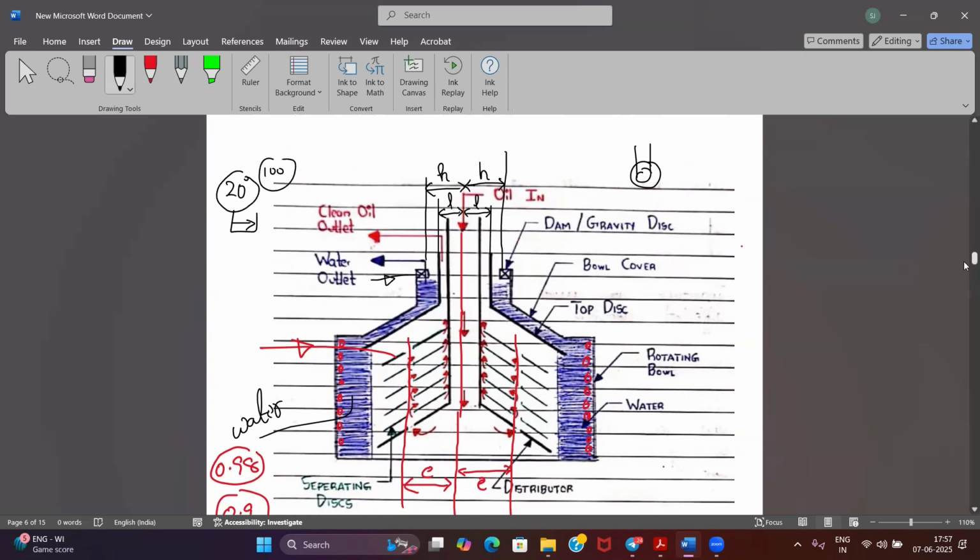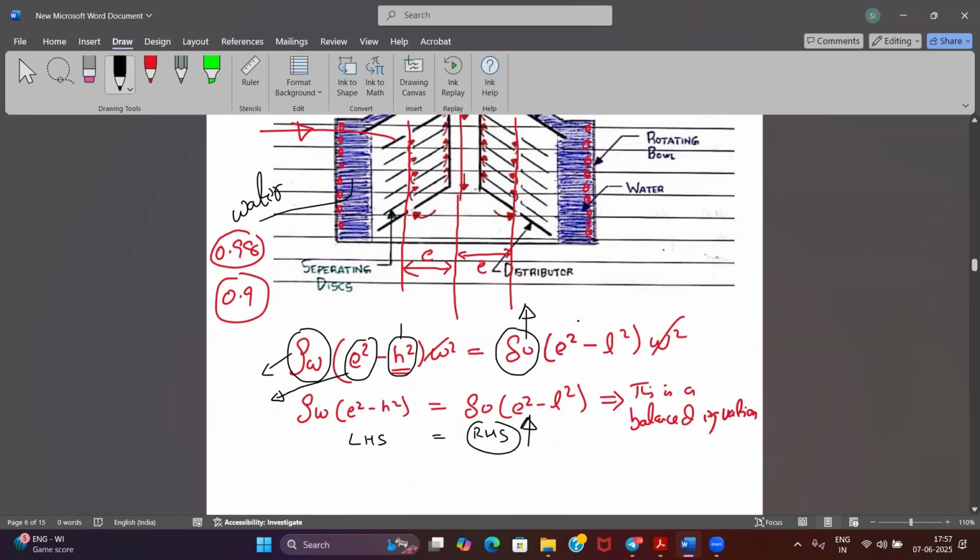So if my RHS has increased, what I have to do for LHS is also increase it. You agree? In order to balance the equation, do I have to increase the h or decrease the h?